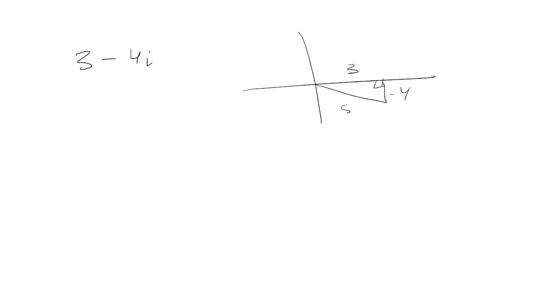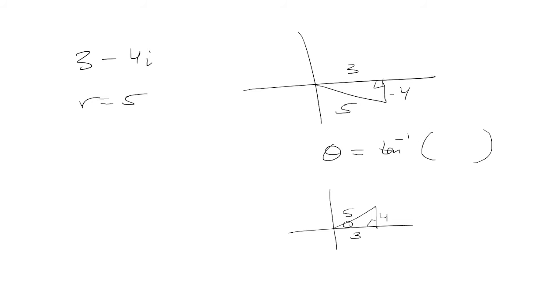Okay, next one we have 3 minus 4i. Now for this one, this is similar to what we did initially, which was 3 plus 4i. We know that this is going to be in the fourth quadrant. So again, it's a 3, 4, 5 right triangle. R is 5. Now theta is the inverse tangent. So what we could do here is pretend it's in the first quadrant.